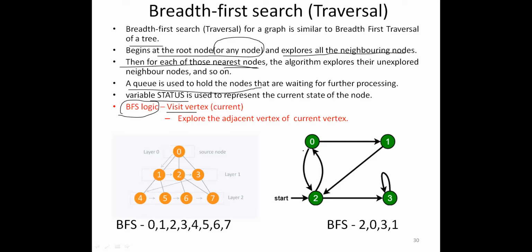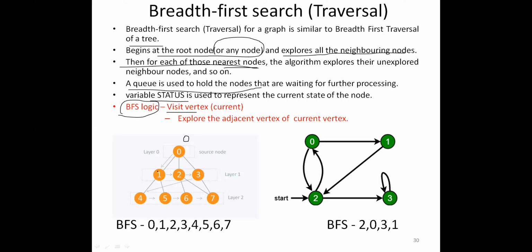I have shown two graphs here. We said that this is not a tree; a tree is actually a special kind of graph. I am starting from 0, visiting node 0. Once I visit any node, I explore the adjacent or neighbor nodes of the current node.